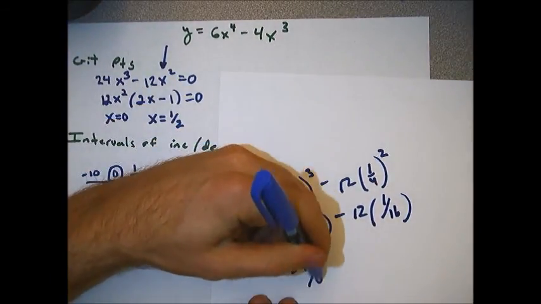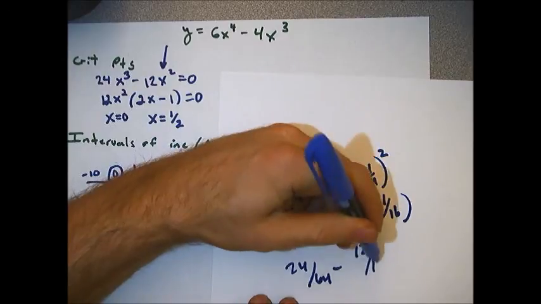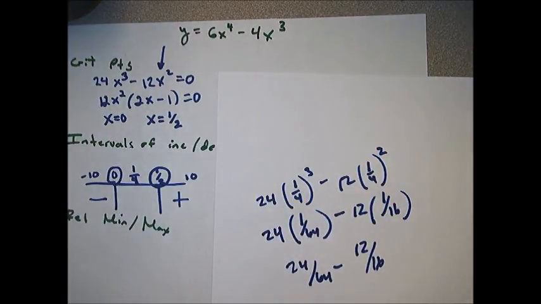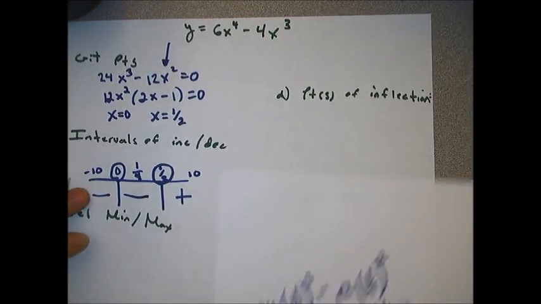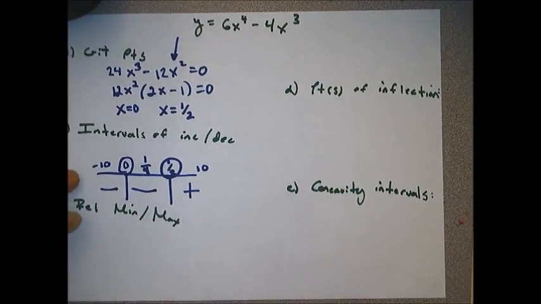This is 24 over 64 minus 12 over 16. Again, we don't care what the answer is. We're just trying to get a sense for the sign of it. So to subtract these, this 16 needs to become a 64, so this would be times 4. So this 12 would be a 48, and 24 minus 48 is going to be a negative 24, but negative is what I'm looking for. So that tells me that that sign in the middle is negative.